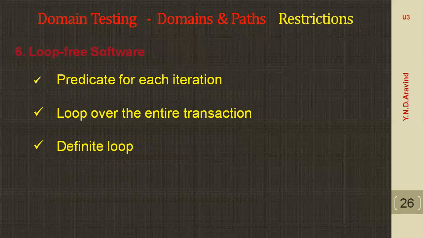So here, loop testing is a type of software testing performed to validate the loops, and it is one type of control structure testing. Loop testing is a white box testing technique and is used to test the loops in a program.